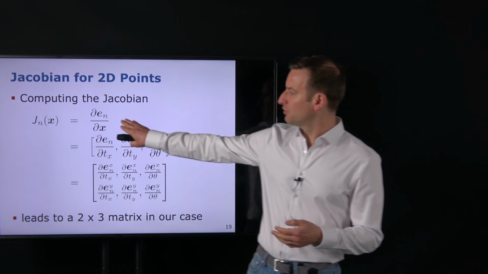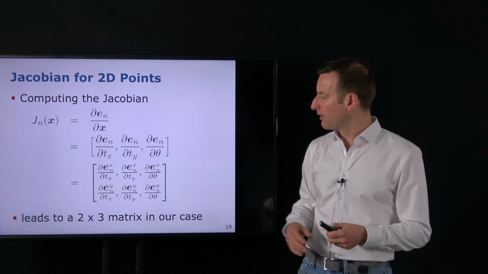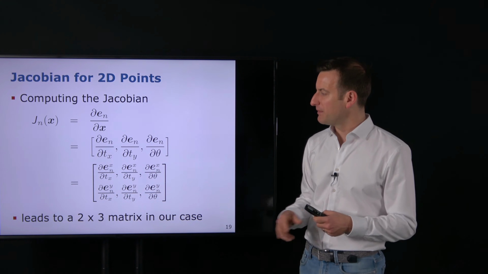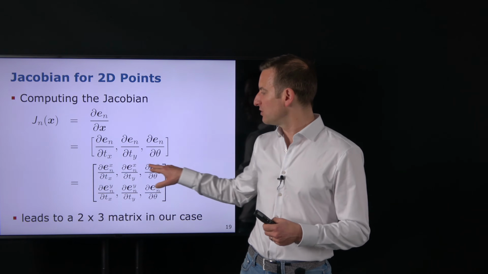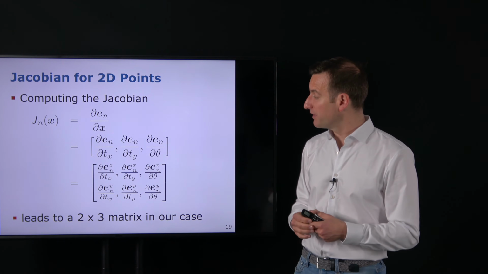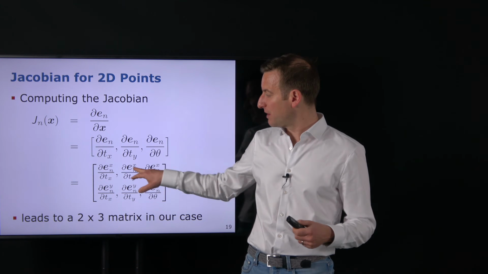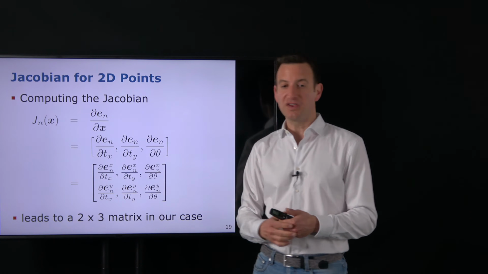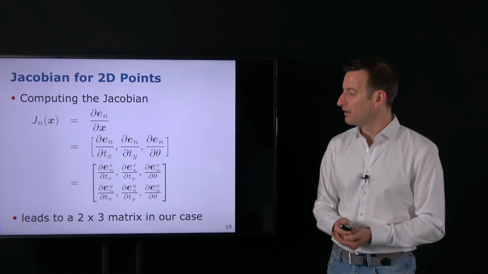Again, the Jacobian, to be written in this form, consists of the partial derivatives of my error function with respect to the individual parameters. So here we have the x dimension of the error function, the y dimension of the error function, it's a two-dimensional error function, and derived with respect to the three parameters, which gives us these 6 elements that we need to compute in order to formulate the Jacobian.